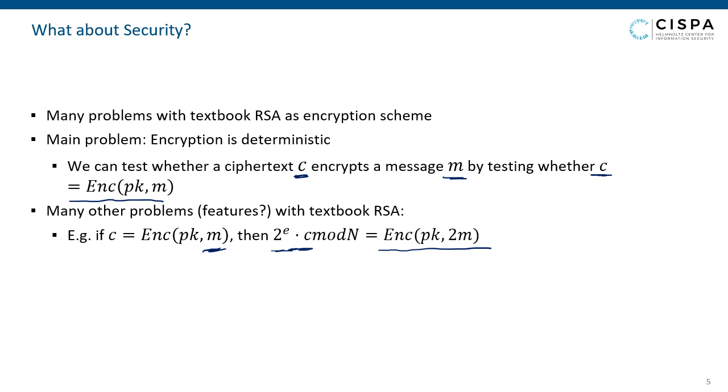Why is this the case? Let's quickly look at this. This ciphertext C is just the message to the E, leaving the modulo n away. So 2 to the E times C is just 2 to the E times M to the E, which is of course 2M to the E, which is an encryption of the message 2M.